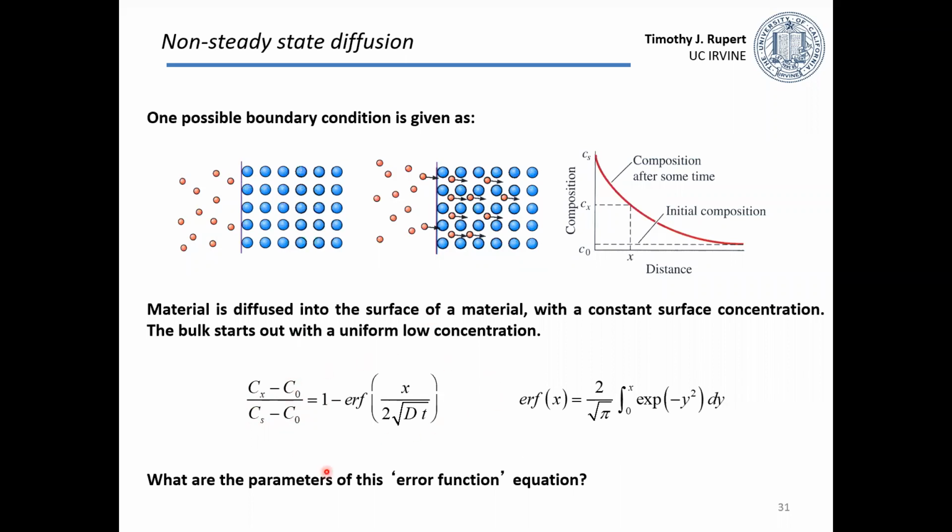And that's going to be equal to 1 minus this error function, and then this term with the position divided by 2 square root of diffusivity times time, okay?